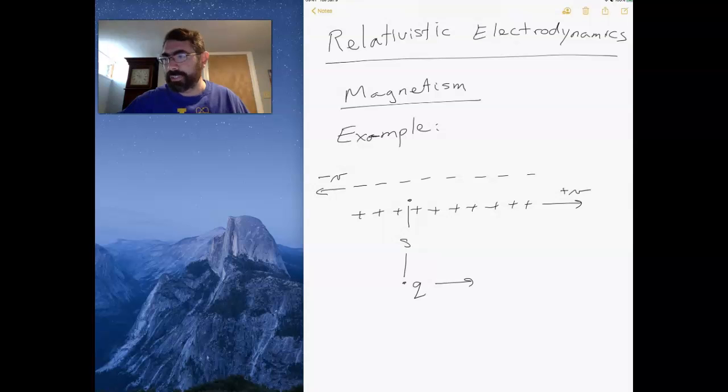The line density is minus lambda for the negative charge, and positive lambda for the positive charges. And we have a point charge q, which is moving to the right with a velocity u, at some distance s away from these lines of charge.